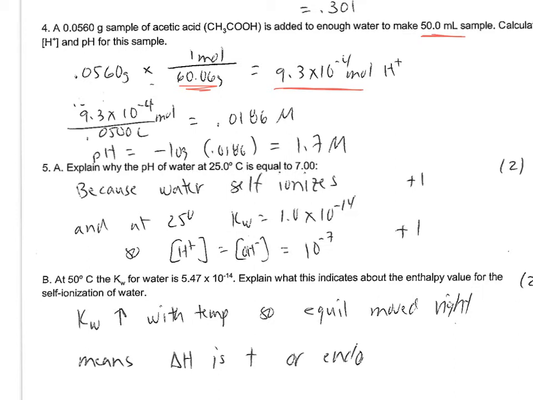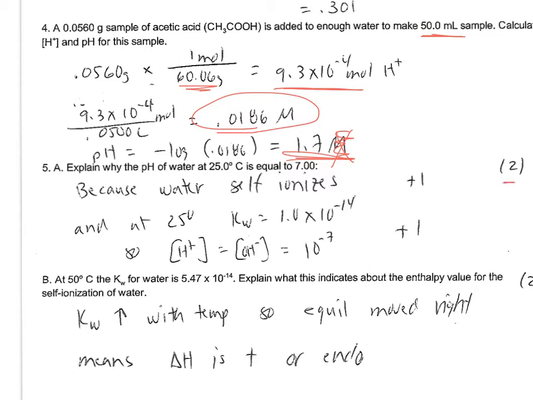And so we're talking about a 0.0186 molar solution of acetic acid. And when I take the negative log of 0.0186, I get 1.7. Actually, I shouldn't have an M there. 1.7 is my pH.